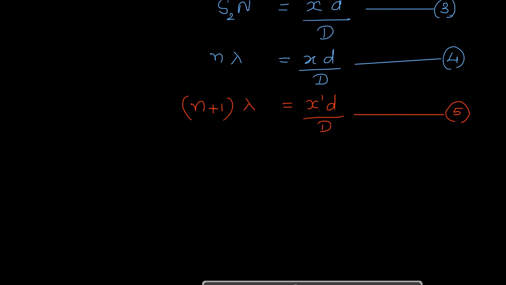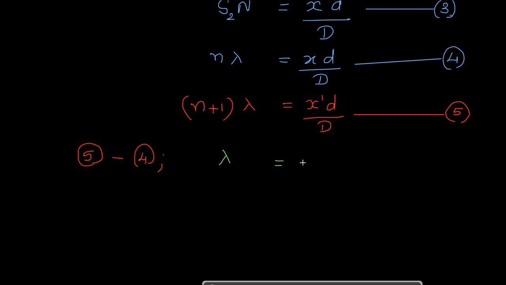Just subtract 4 from 5. Equation 5 minus equation 4. What will you get? (n plus 1) lambda minus n lambda, which is equal to lambda.